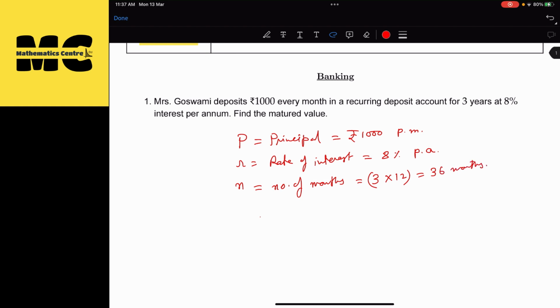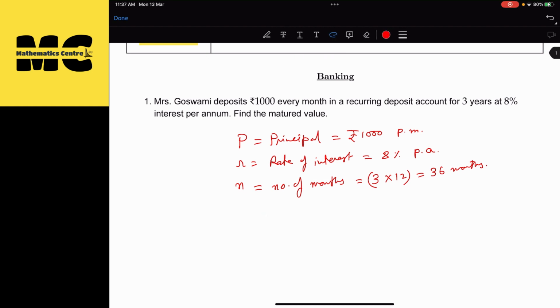Clear? So what we have done, we have listed these 3 amounts, and now we will solve the problem.